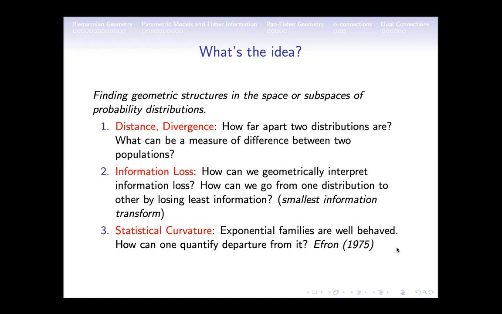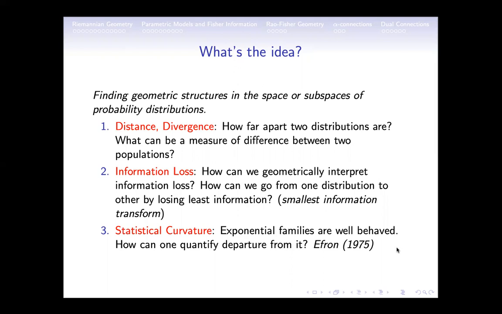There are several other ways to look at it and several other motivations from where we can derive this way of thinking. Another one is statistical curvature. Fisher-Rao in 1975, in one of his papers, defined something called statistical curvature, which measures how far away you are from the exponential families.